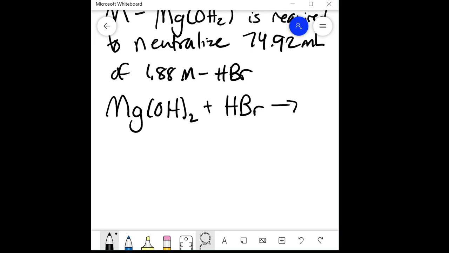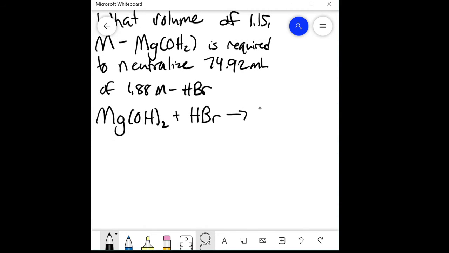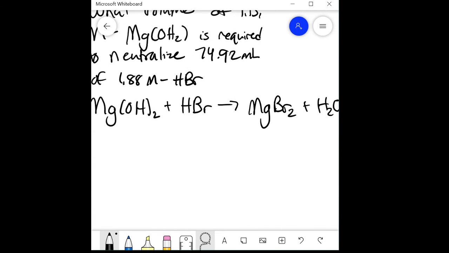And then we have our salt, which would be our metal and our non-metal. And then we have water, because we have a strong acid and a strong base. Now remember how to balance these. You want your OHs, your Hs, and your waters to be in a 1-to-1-to-1 ratio. So we have 2 here, we have 1 here, and we have 1 here. So we need a 2 here, 2 here, and now it's balanced. So just remember that trick.